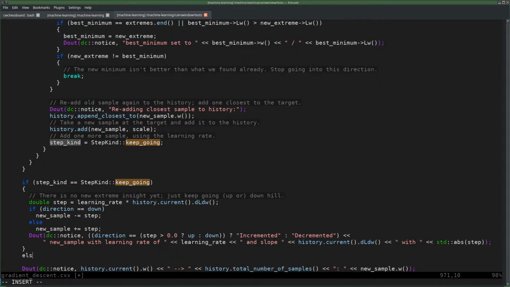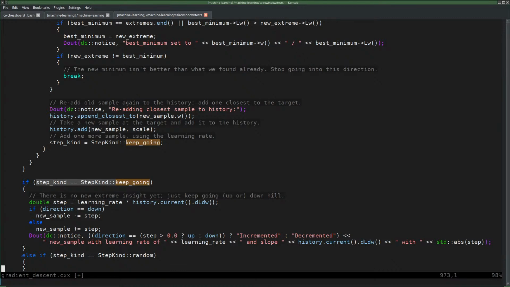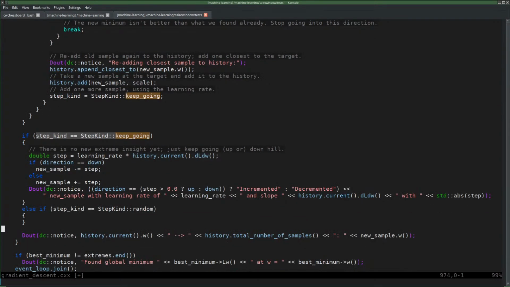And now I can add if step kind equals the random, then we do a random step.